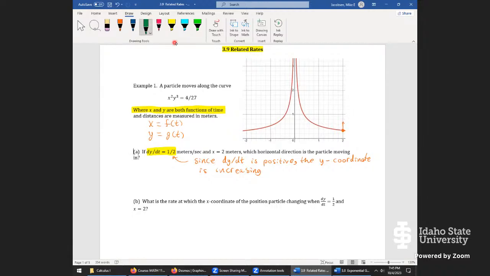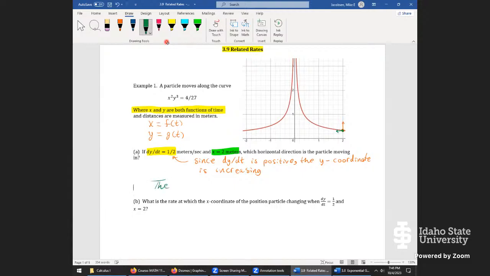That means right here at 2, once again, where x is 2 meters, its horizontal position is going this way off to the left. So we'll say x is moving, or we could say x, but it's better to say the particle. That would be this point right here.